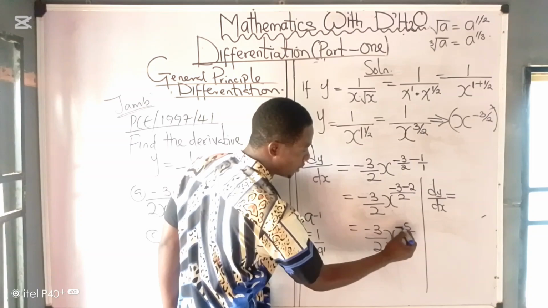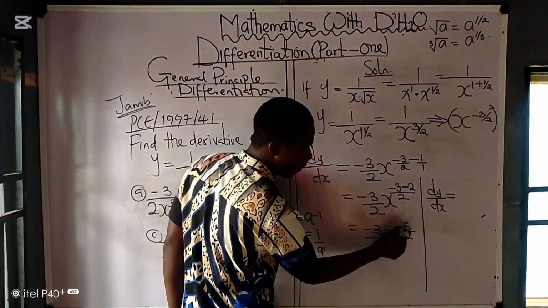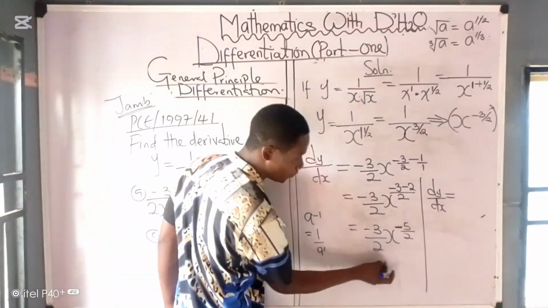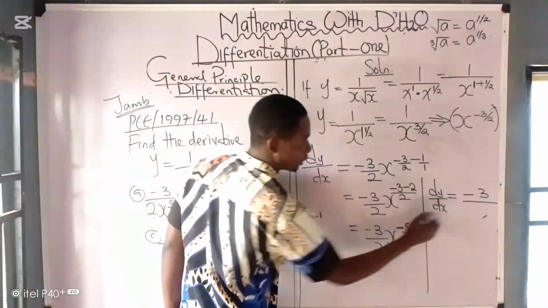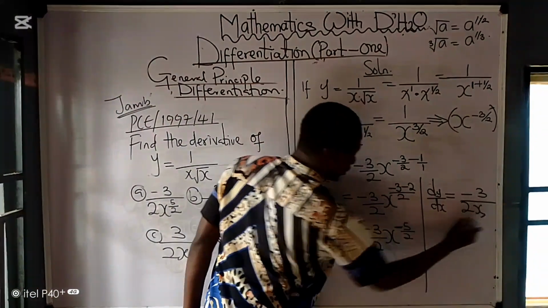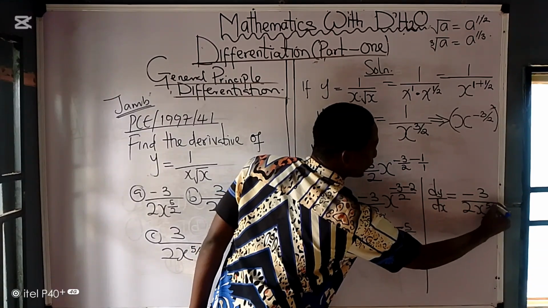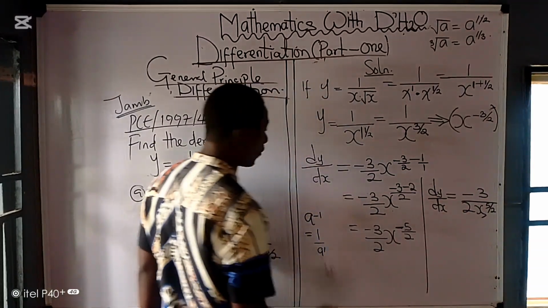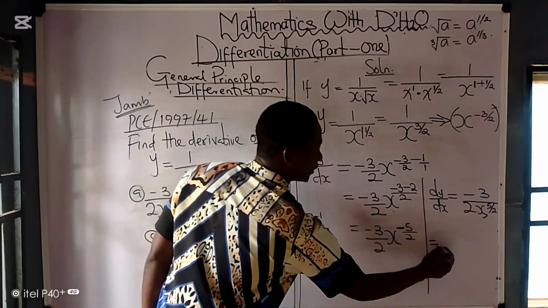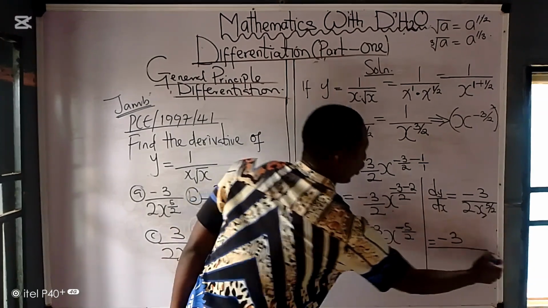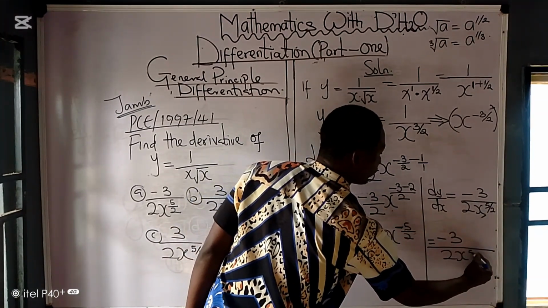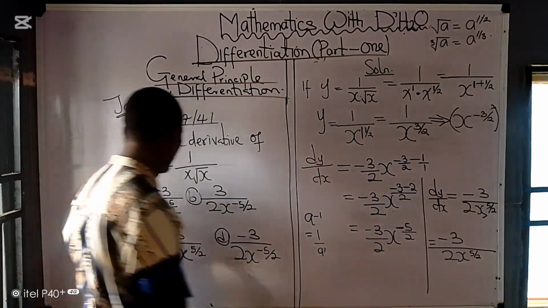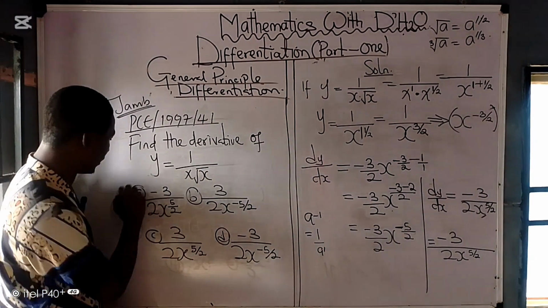So the x raised to minus 5 over 2 comes down, and the minus 3 is there before, all over 2x raised to the power of 5 over 2. So our final answer to this question is minus 3 all over 2x raised to the power of 5 over 2. So let's look at the options carefully. The answer is what? A.